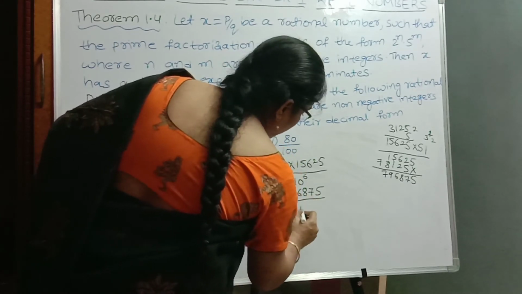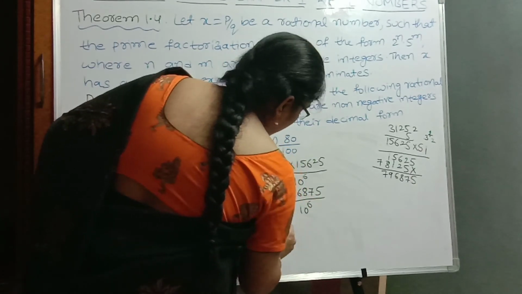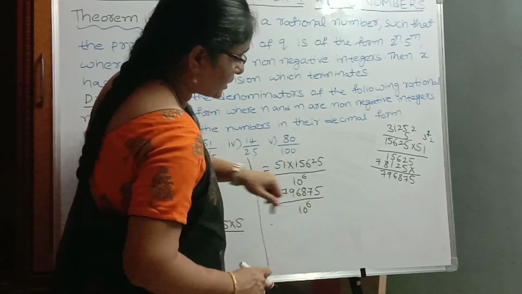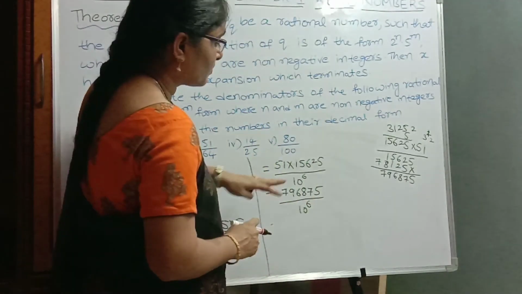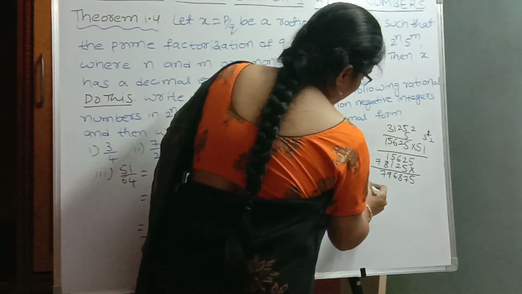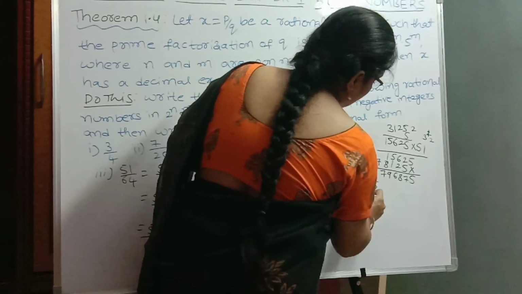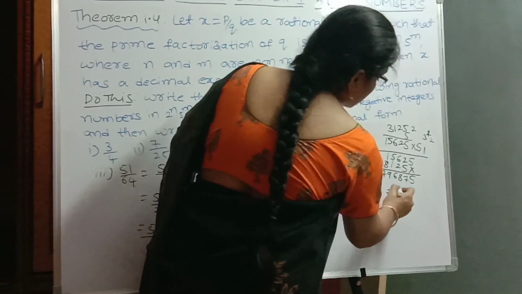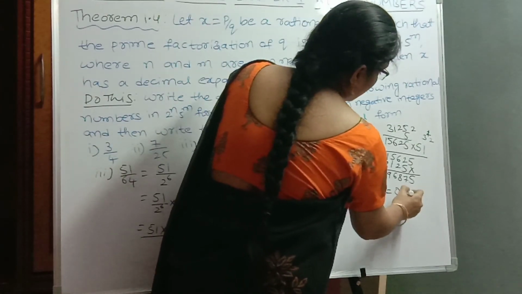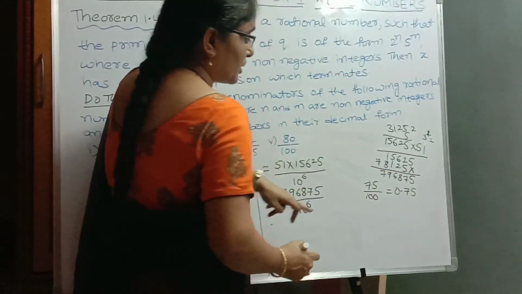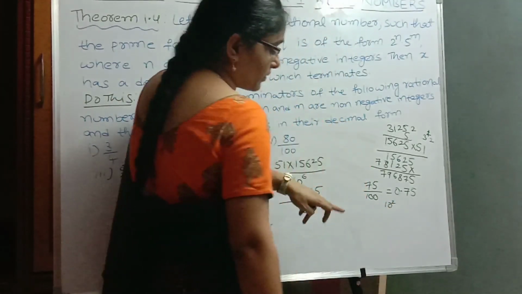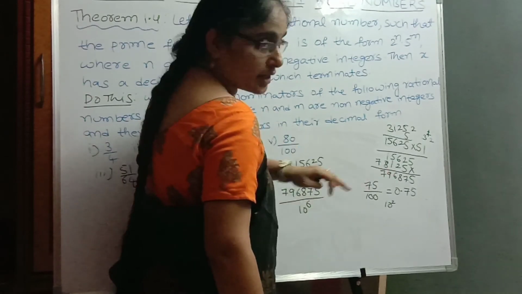So 796875 by 10 to the power of 6. In the denominator we have 10 to the power of 6. How do you write it in decimal form? Before that, listen here, for example 75 by 100. How do you write this in decimal form? It is 0.75, because in the denominator we have 100, which is 10 squared.